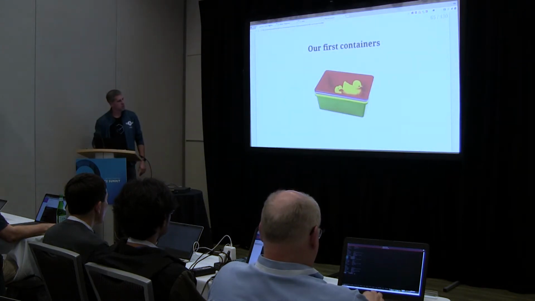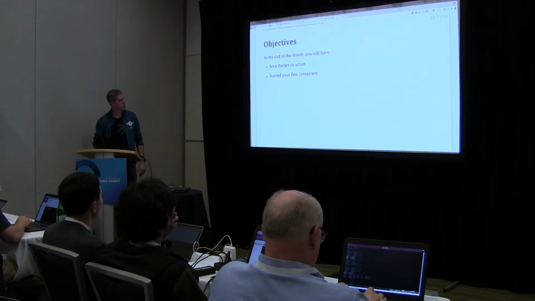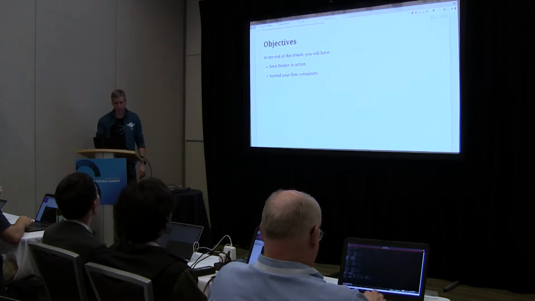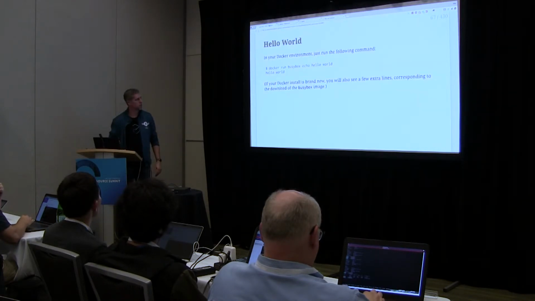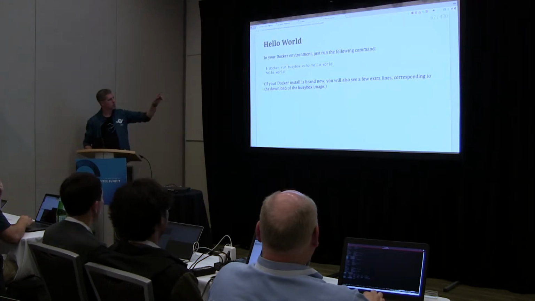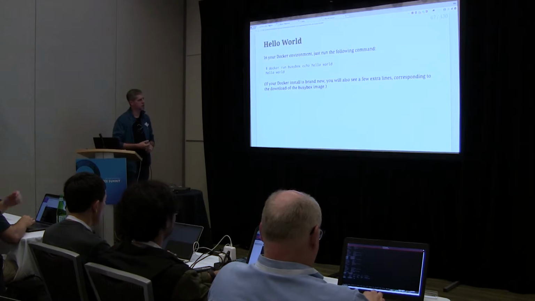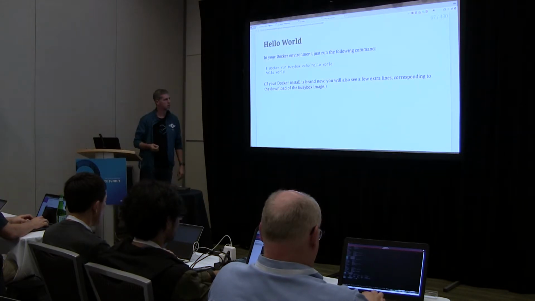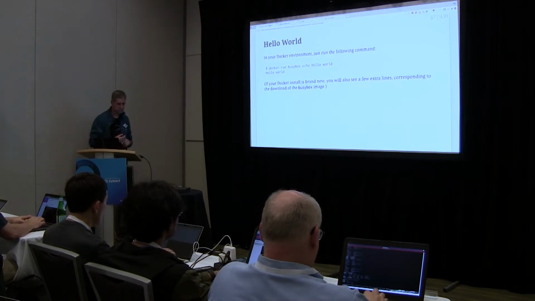So let's talk about an actual container that we can run. At the end of this section, hopefully you'll actually see Docker run a container. In your environment, you should be able to run this command, docker run busybox, and then echo hello world, or any message you want at the end of that.